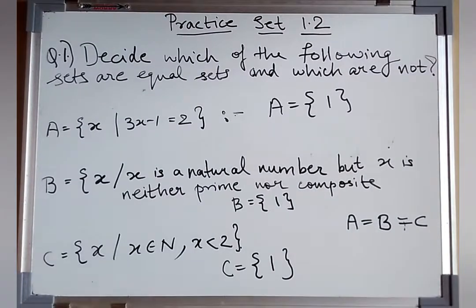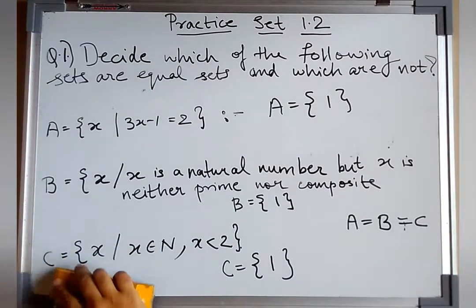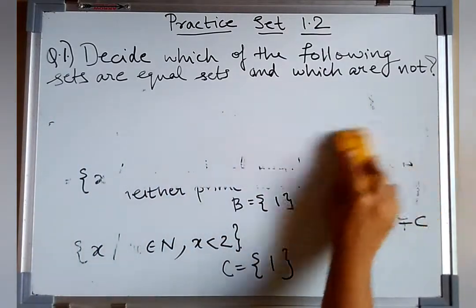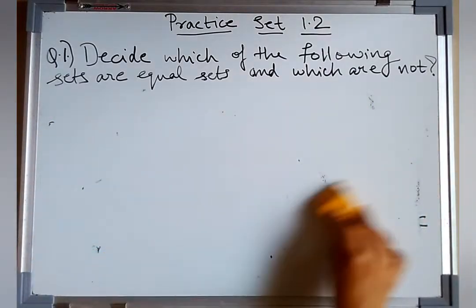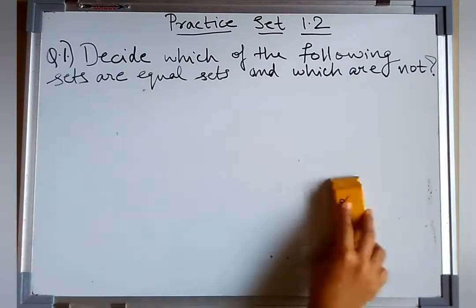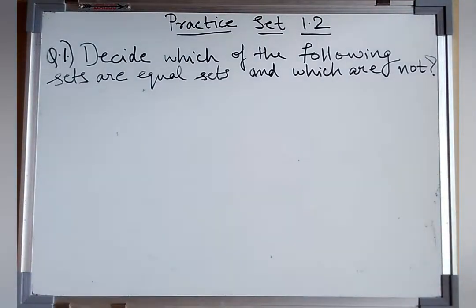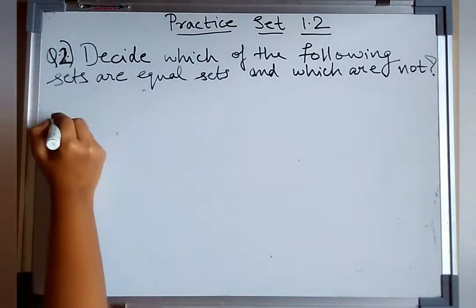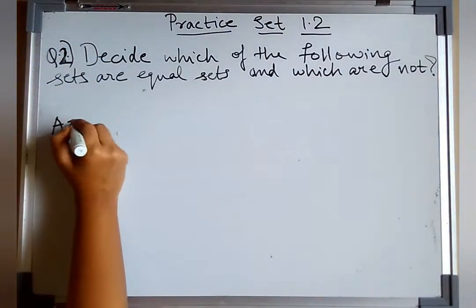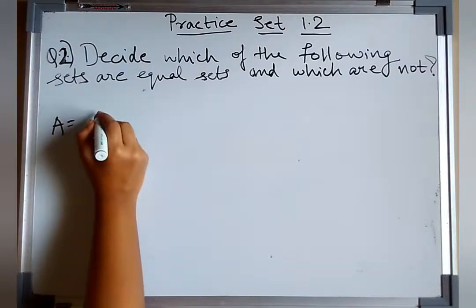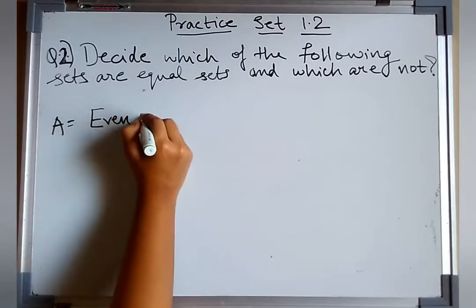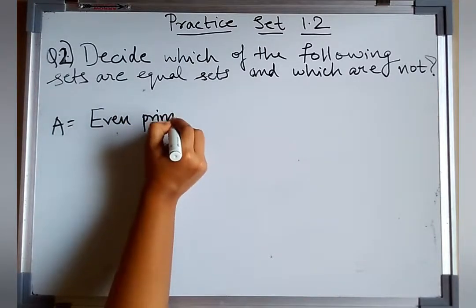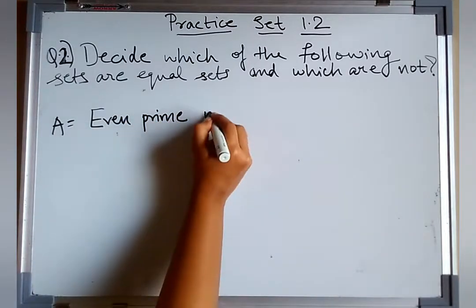Okay. Second question. Actually, the second question is also almost the same. They have given A and B and we have to find if they are equal. In question number 2, A is the set of even prime numbers.